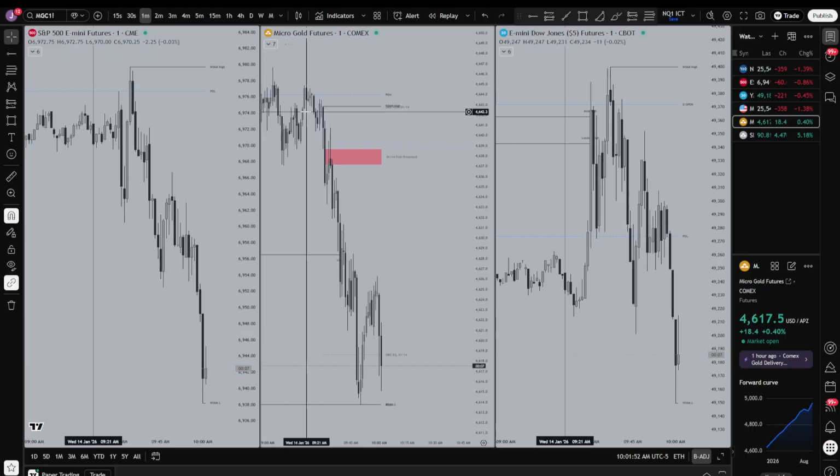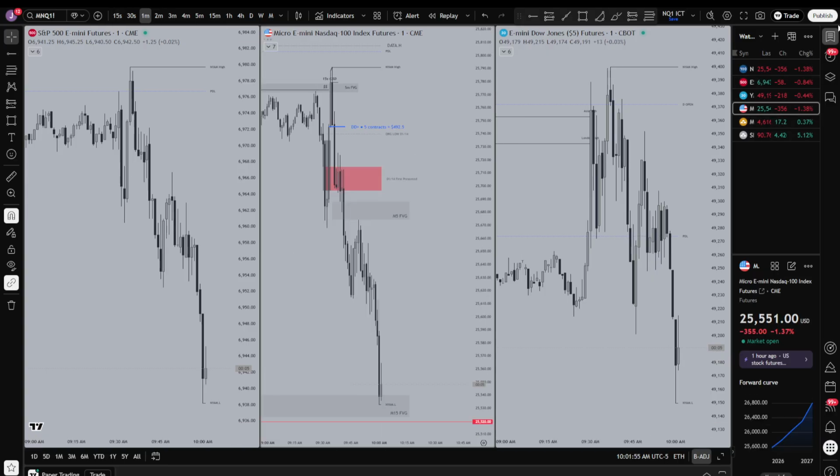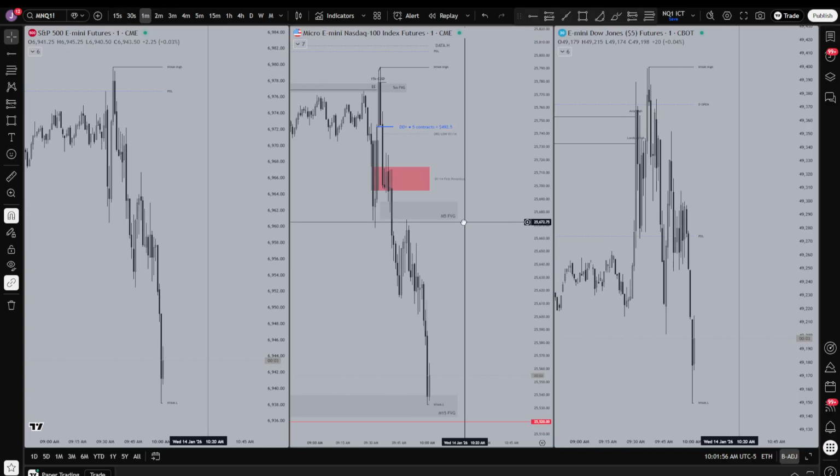All right, next draw is 527 and 520. So now we find conditions that can send us to those levels. This 1 minute gap, 2 minute gap above, get a breakaway.